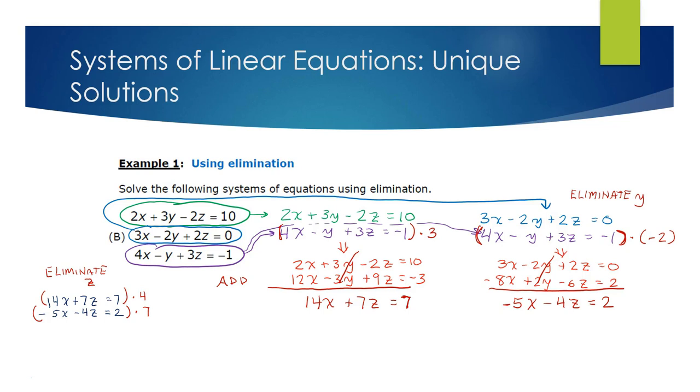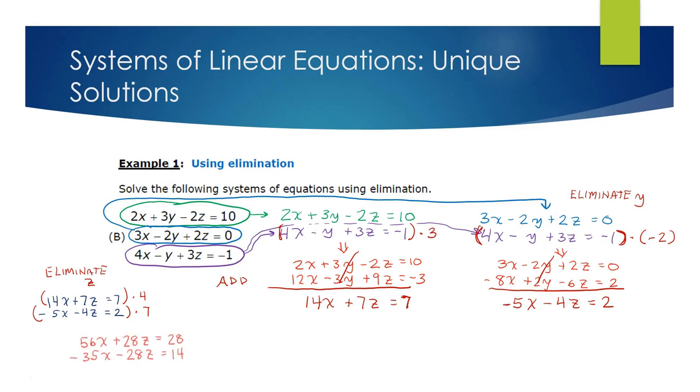So I chose to multiply the top by 4, and I chose to multiply the bottom by 7, because I'm eliminating z, and the z's already have opposite signs, so I don't have to worry about a sign change with this. All I have to worry about is getting the same number in front of the z's with opposite signs. The opposite signs are already there.